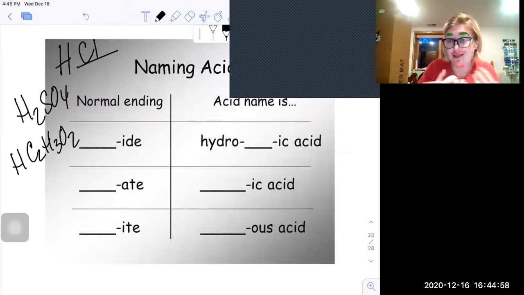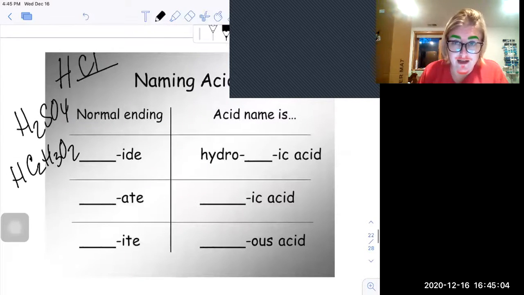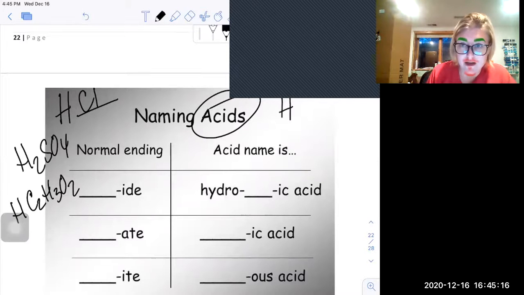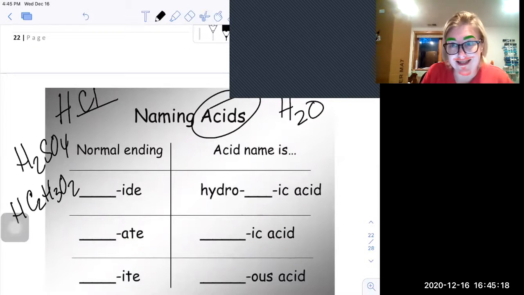It could be anything, as long as it starts with an H. If it starts with an H, that tells you it is an acid. That's one thing a lot of people have problems remembering as we move forward: all acids start with H. So check this out, H2O, that's an acid.